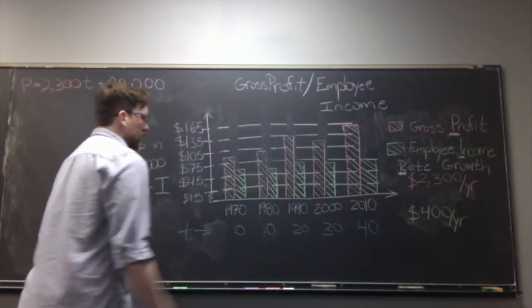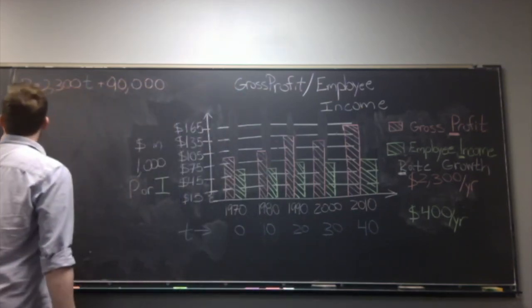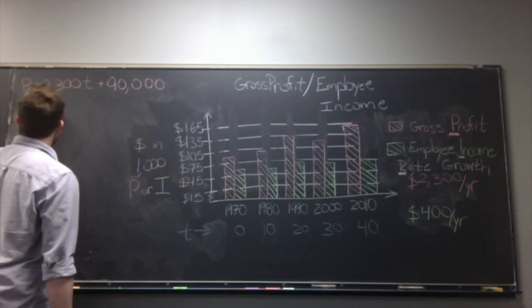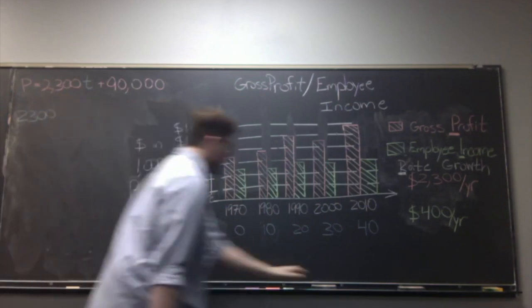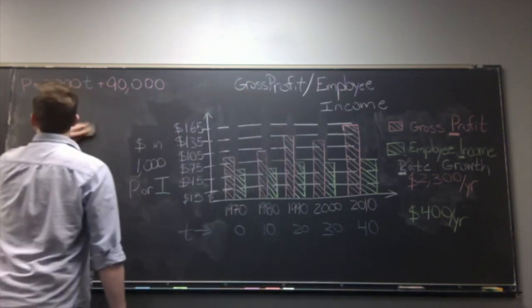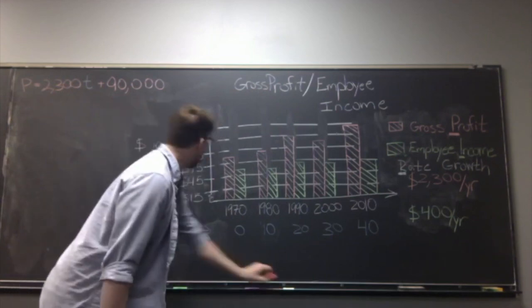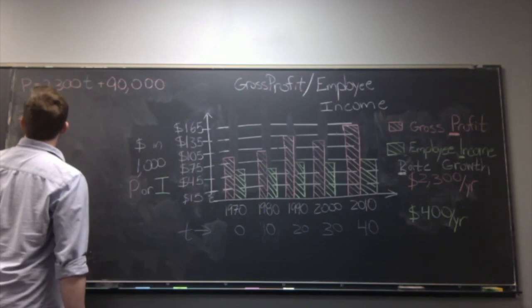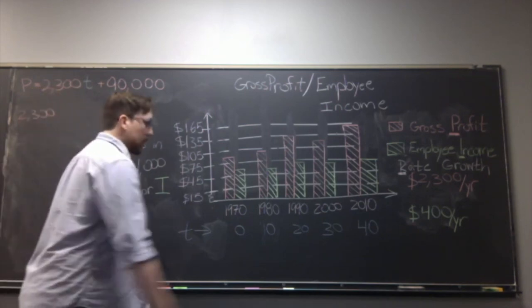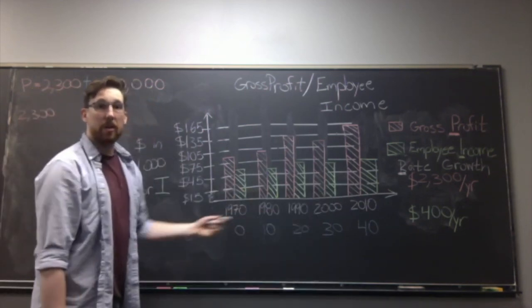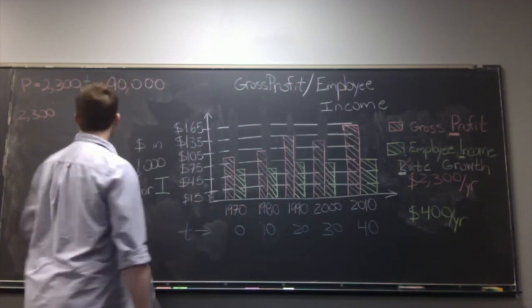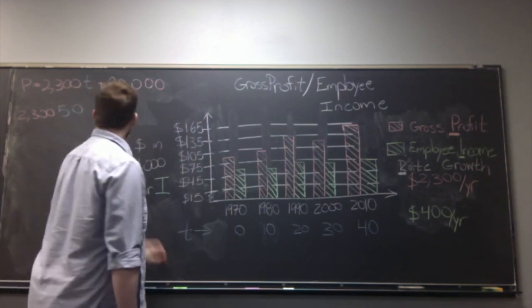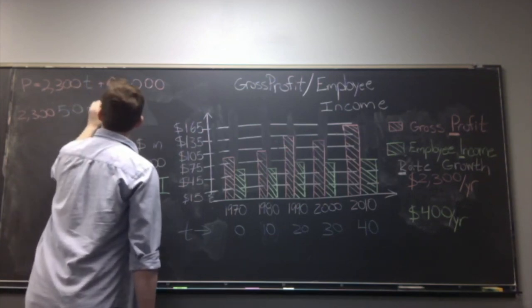To do that, we've got 2,300 times, well, 2020 would be 50 years after 1970, so times 50 plus 90,000.